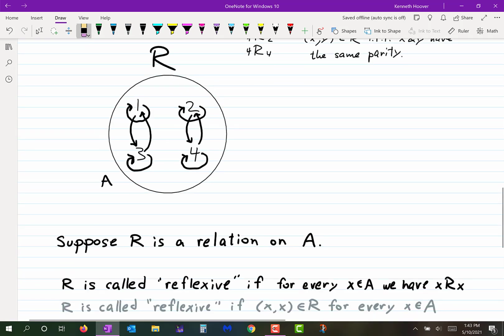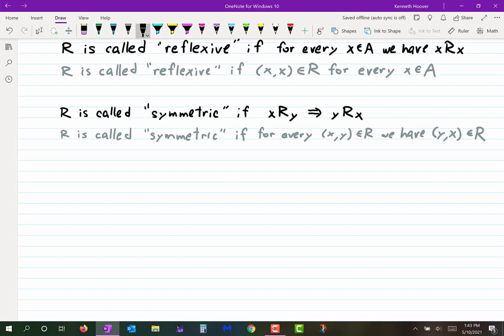Okay, now one more adjective called transitivity.